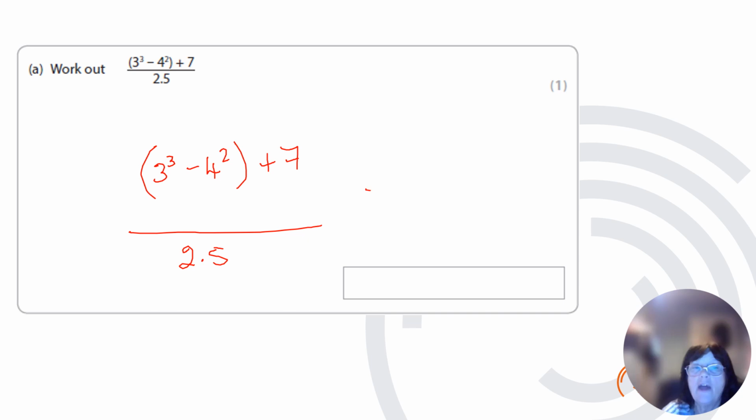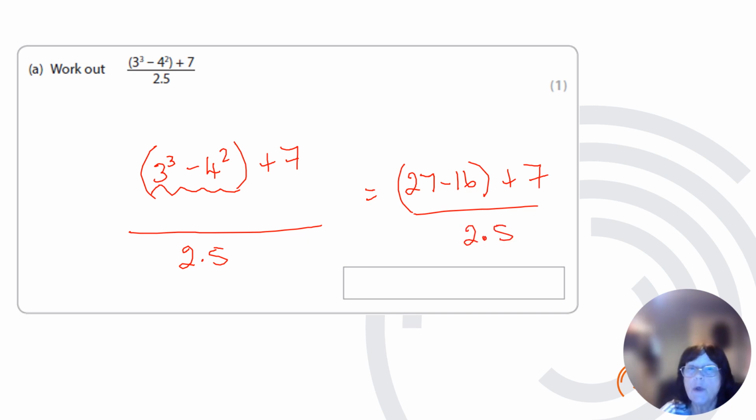So 3 cubed is 27, minus 16, plus 7, and then divide it all by 2.5. So 27 minus 16 gives me 11. So 11 plus 7, so we're still going along the top, is 18.